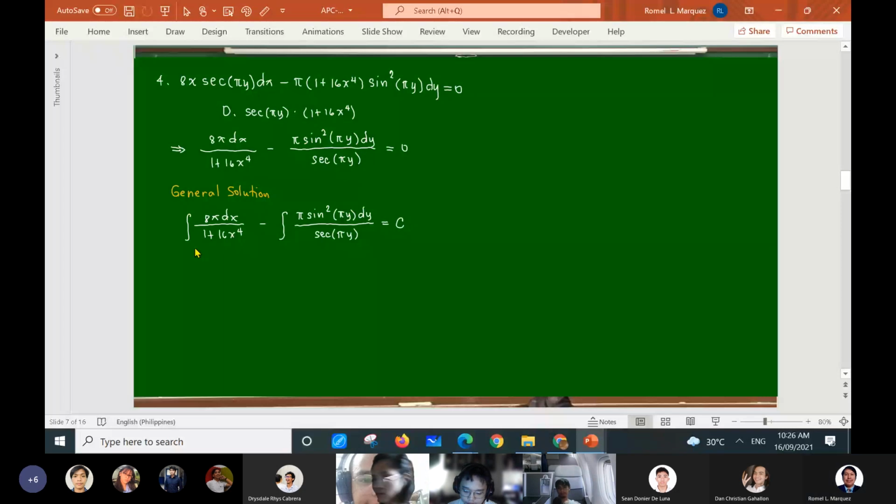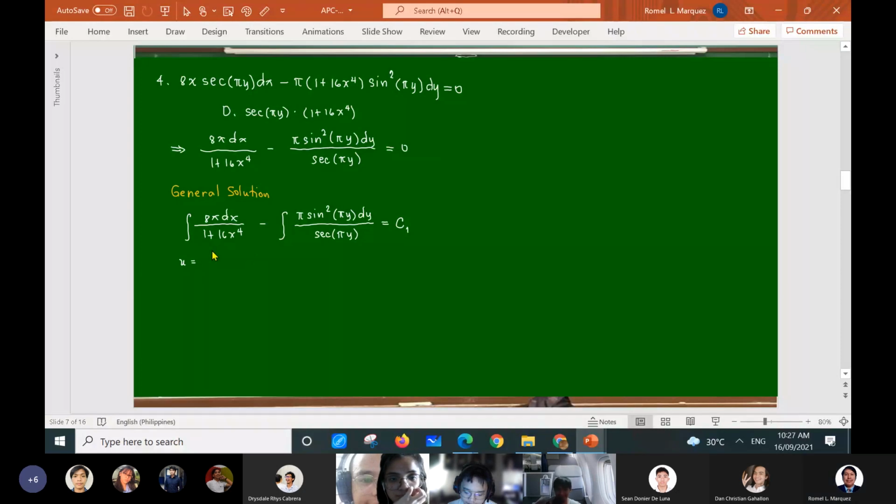What do you think here? What integration formula is applicable? What do you think, guys? First integral. I can apply what? Integration leading to inverse trig, no?